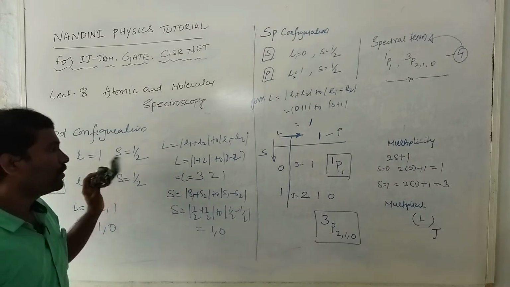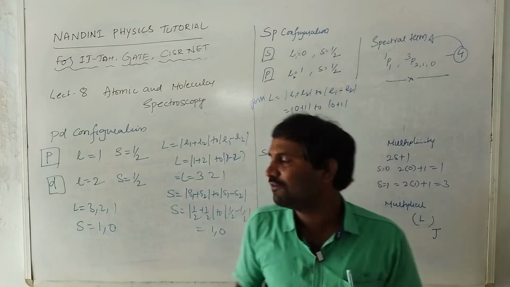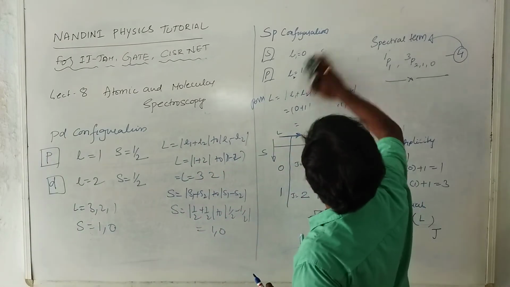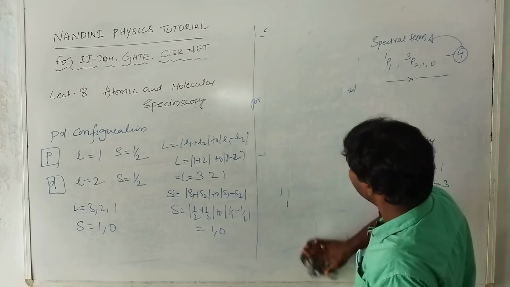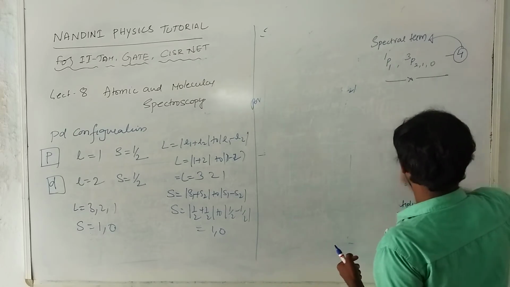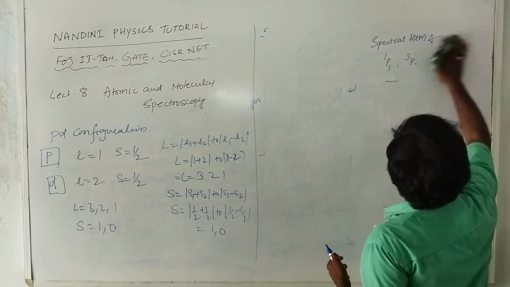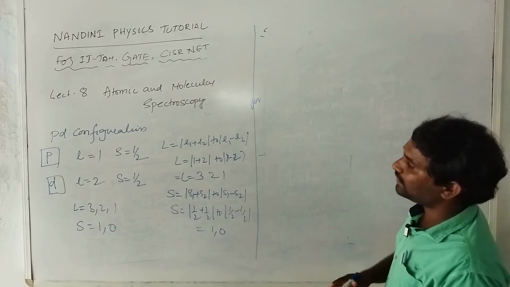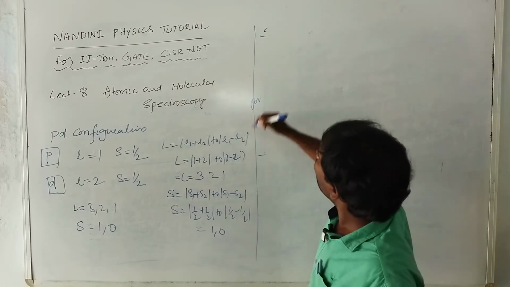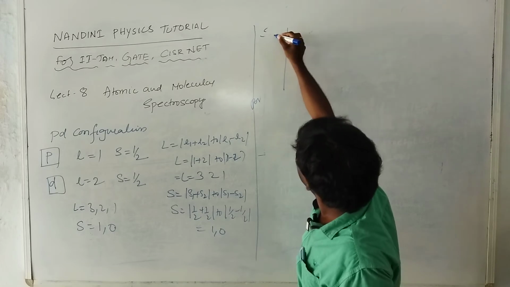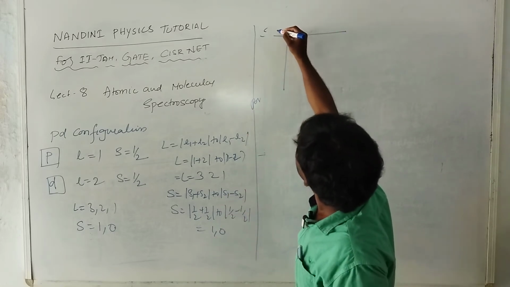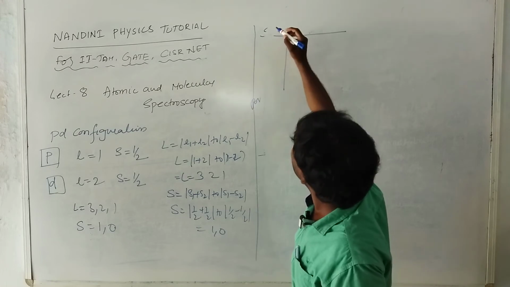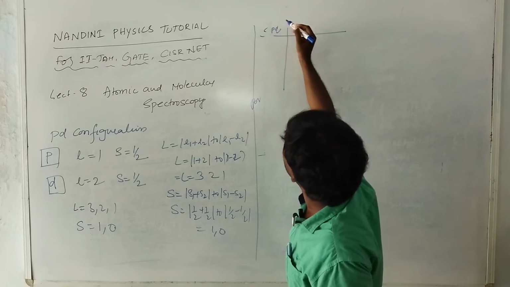So, simply using the same table form, you can use the same table, and from this table you can identify the spectral terms. Once again I write the same table for the PD configuration.